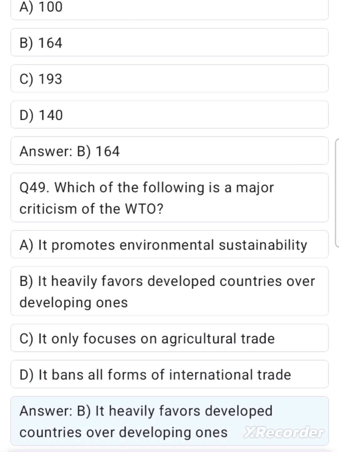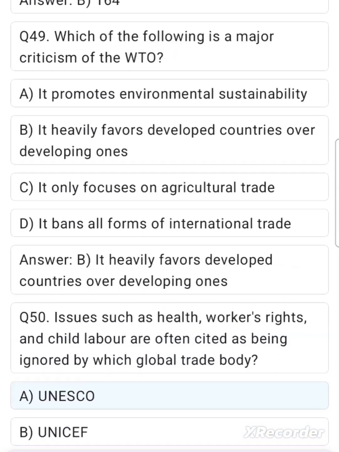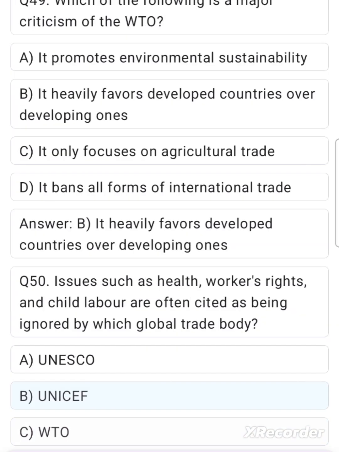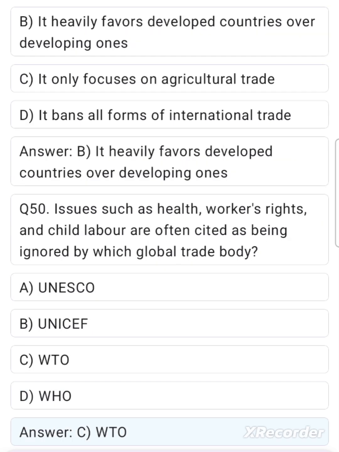Answer: B. It heavily favors developed countries over developing ones. Q50. Issues such as health, workers' rights, and child labor are often cited as being ignored by which global trade body? A. UNESCO. B. UNICEF. C. WTO. D. WHO. Answer: C. WTO.